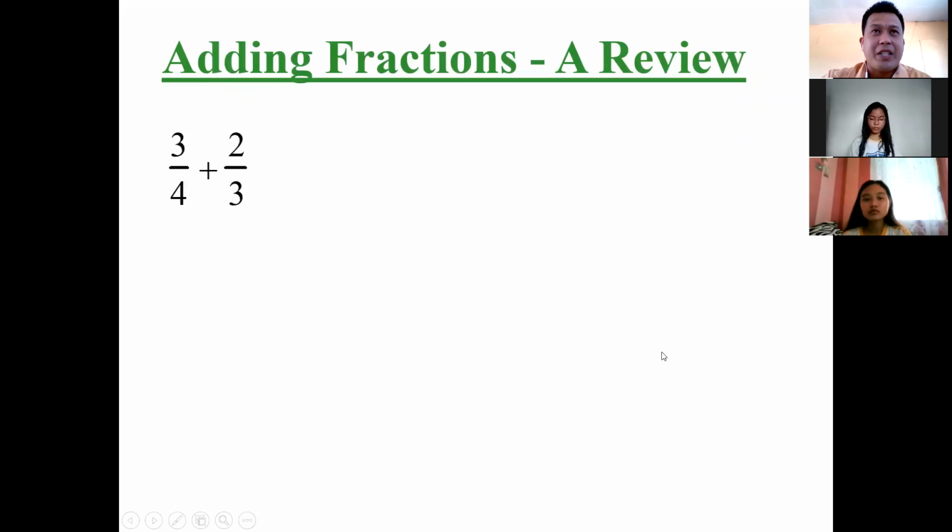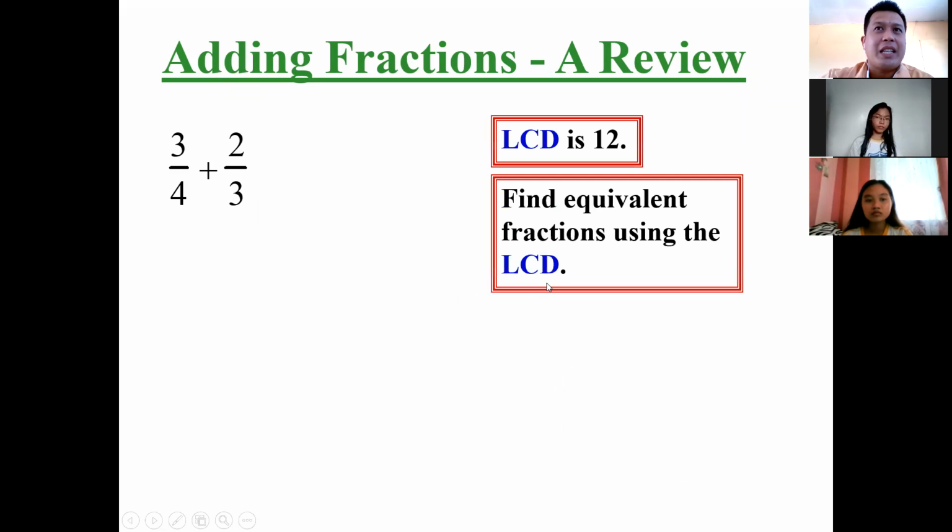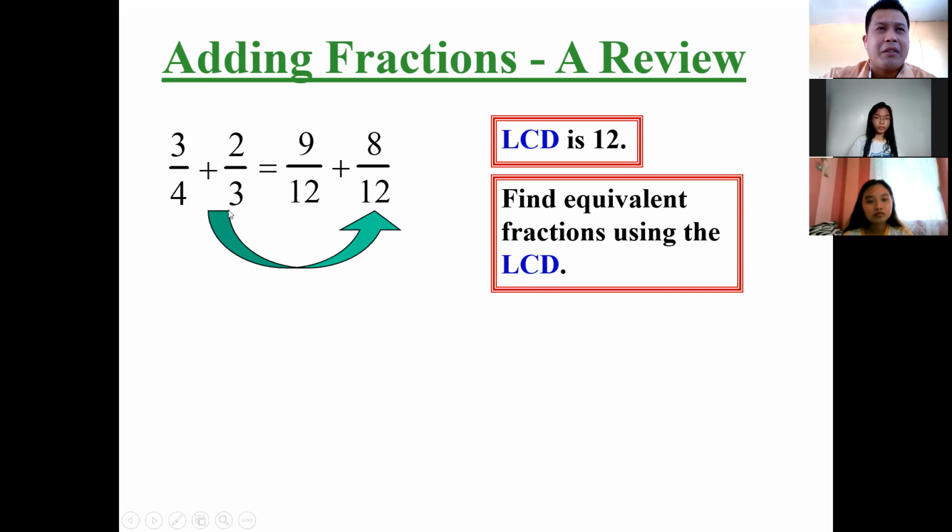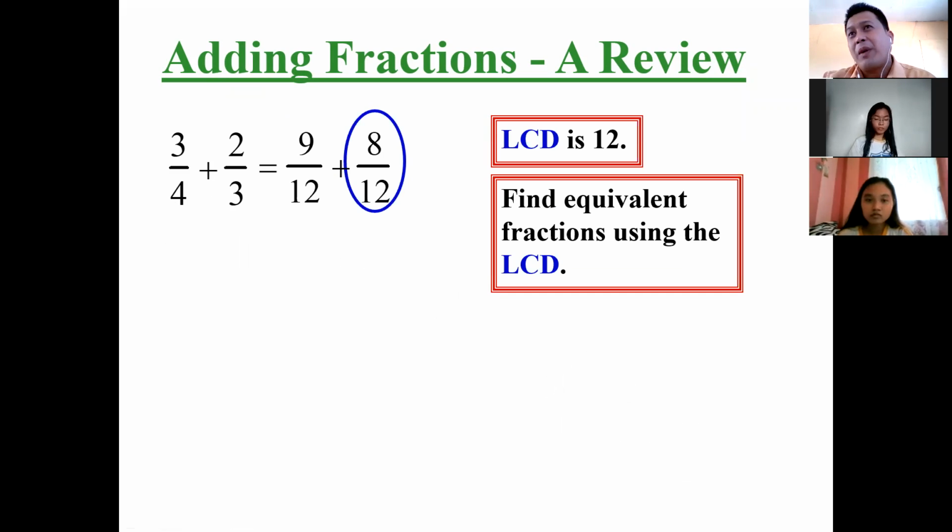So let's have these fractions, class. 3/4 plus 2/3. You're going to have the LCD, which is 12. So to find the LCD, which is 12, you just have to either multiply the denominators or list the multiples of 4, which are 4, 8, 12, 16.